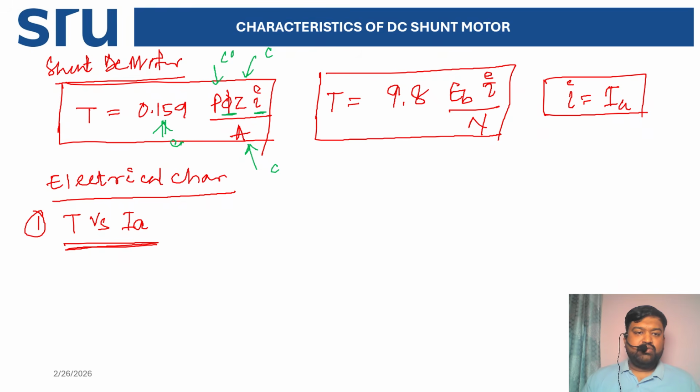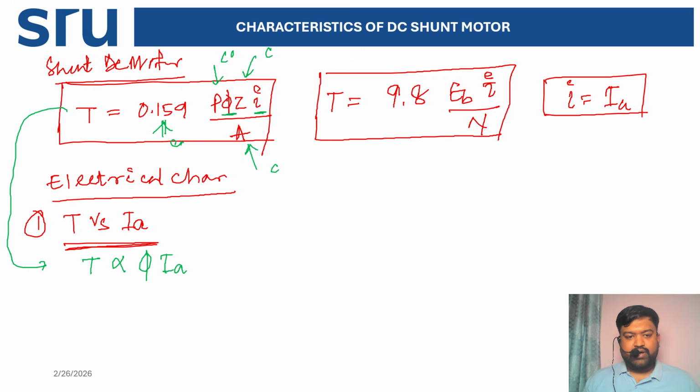From this equation, torque is directly proportional to flux and armature current. If you are making a shunt motor, we know that flux is constant.